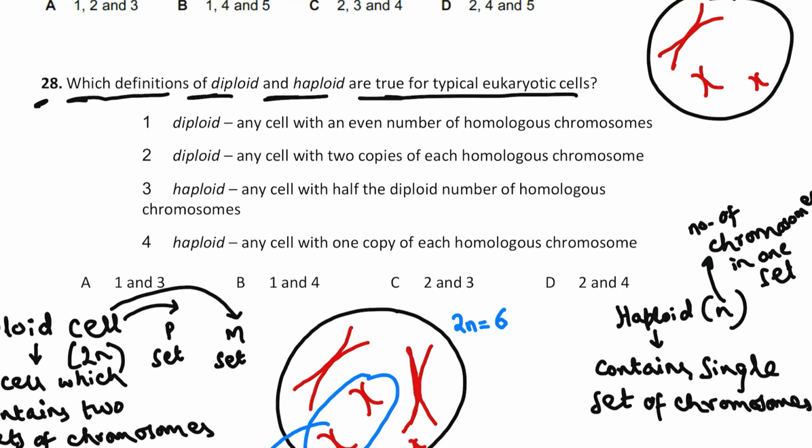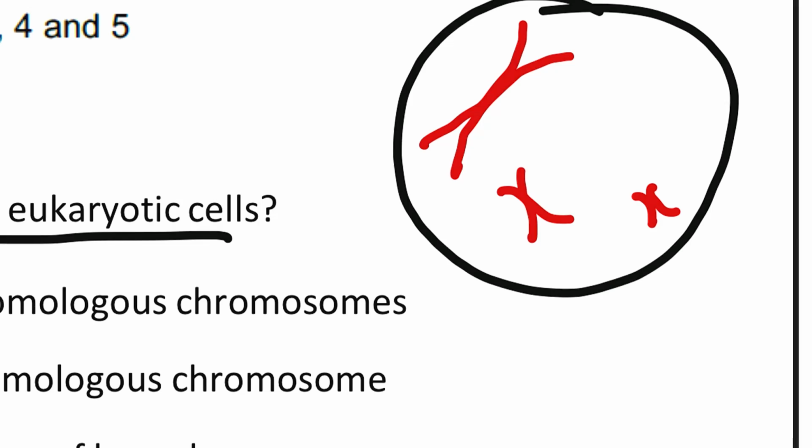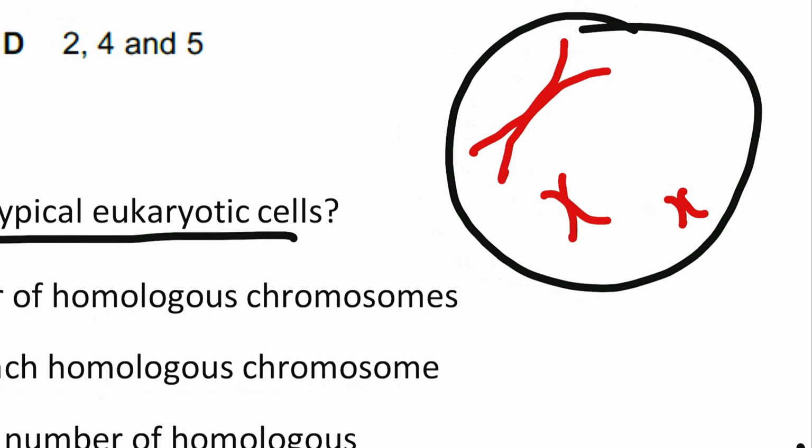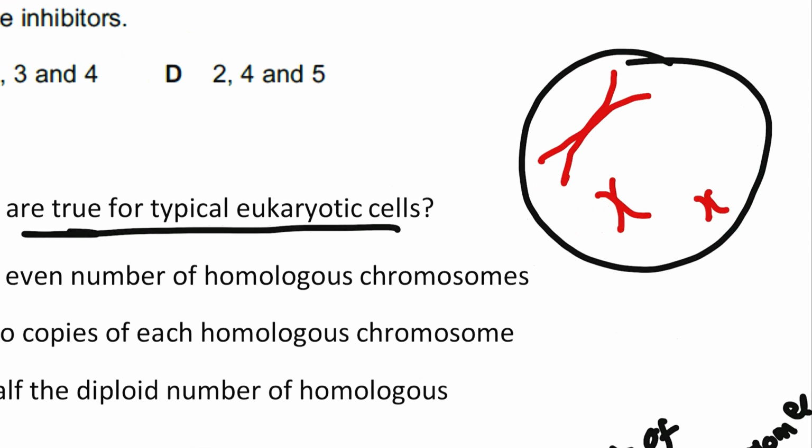There will be no pairing, there will be no pairs, there will be no homologous chromosomes, only one copy of each homologous chromosome, right? So in a cell, if you don't see any pair of identical chromosomes, it means that cell is haploid. So we can say this is n, this is haploid, and over here n is equal to 3.